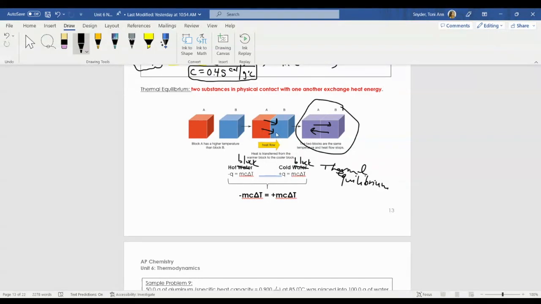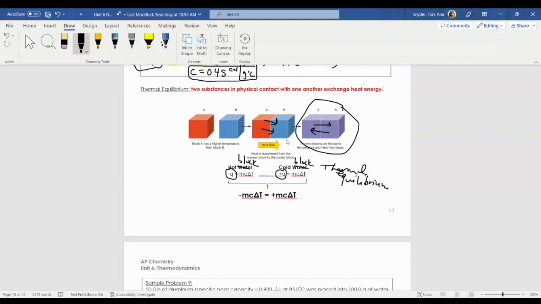So that has to be absorbing a positive value. So notice how I have positive Q and negative Q. But because it's going from A to B, and if no energy is lost, Q must be equal for both of these examples. The heat that this lost is equal to the heat that this gained.